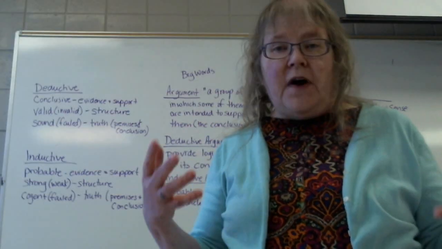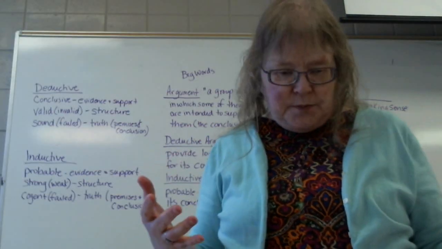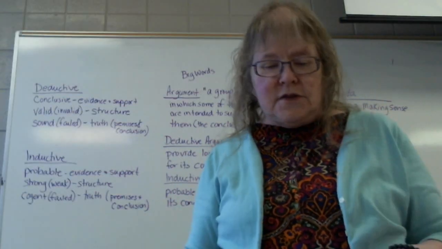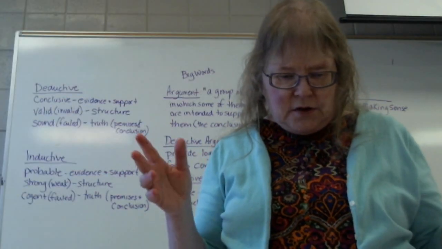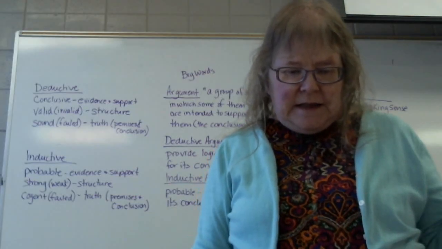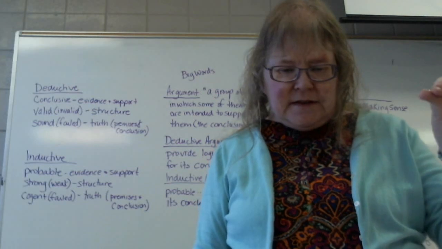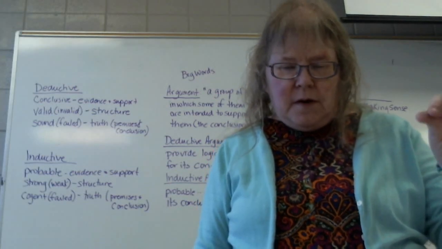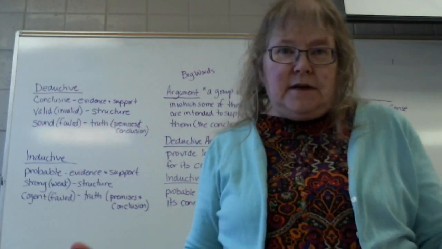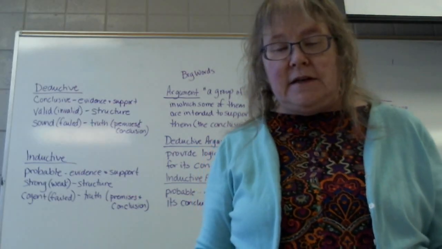The conclusion follows logically. It has support. If both of the premises are true, then the conclusion has to be true. So we're working on it. It's all good. But none of these are true. Pigs can't fly. Vaughn is not a pig, and the conclusion is just ridiculous, right?